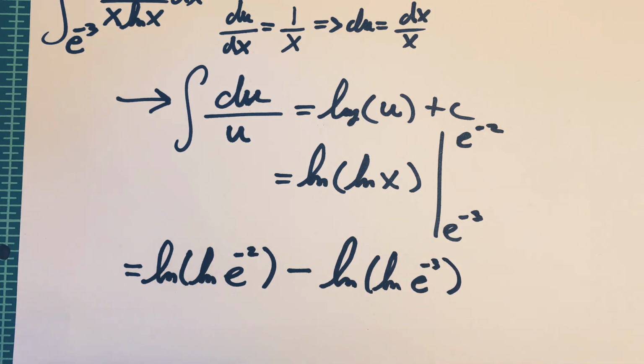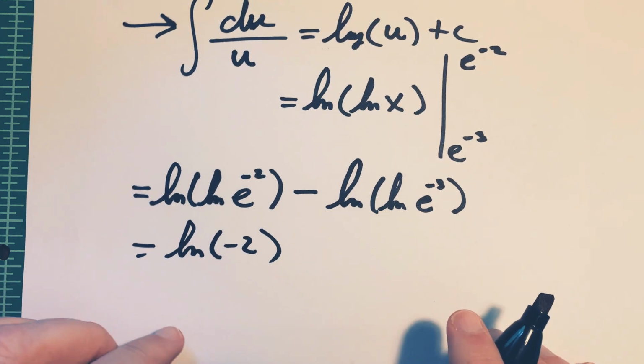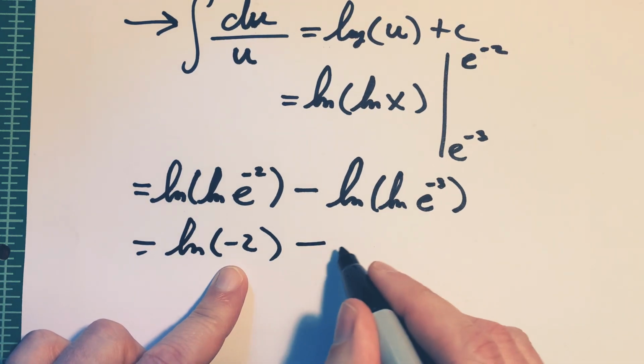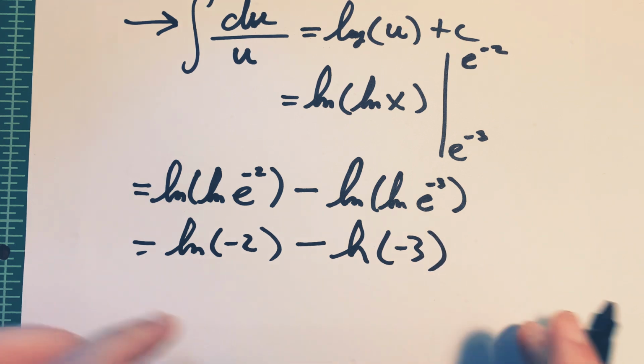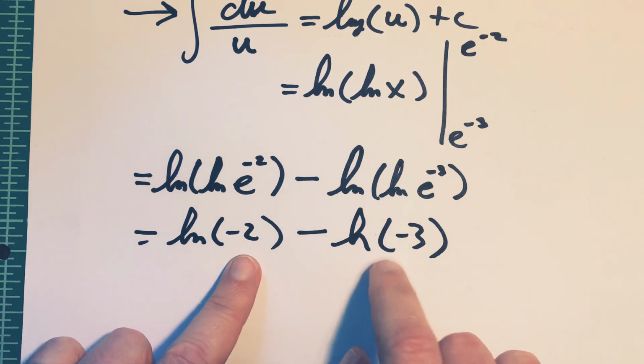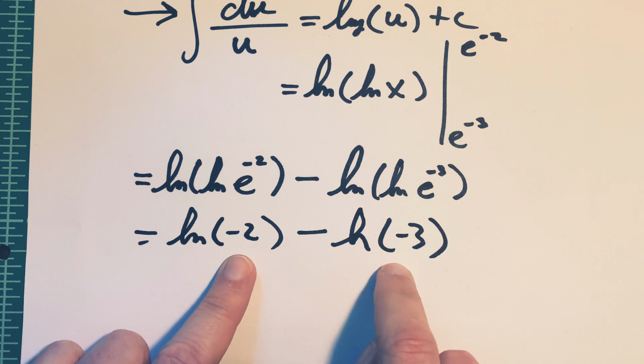All right. Now, what's weird is I don't think I could actually evaluate just this, right? Because that's natural log of negative 2, and that itself doesn't have a solution. Natural log of negative 3, that itself doesn't have a solution. But remember, our log rules were subtracting.